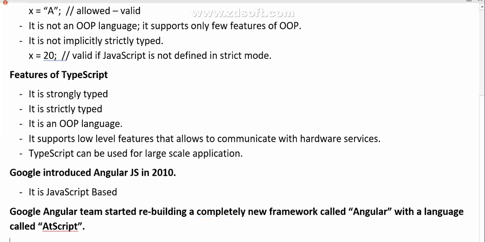But Microsoft already had TypeScript before EdScript was there. So Microsoft suggested the Google Angular team use that TypeScript instead of EdScript, because they were again designing the same type of language. EdScript was designed similar to TypeScript because they didn't know that TypeScript was there, because Microsoft internally uses TypeScript. The world doesn't know about TypeScript. People across the world don't know about TypeScript.